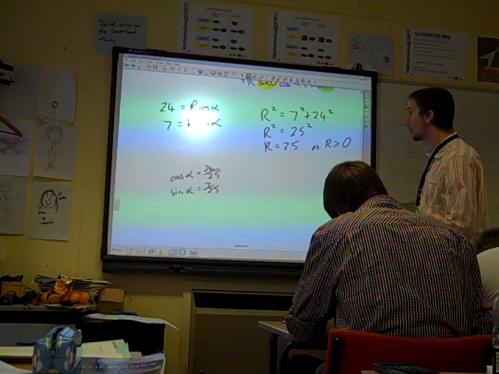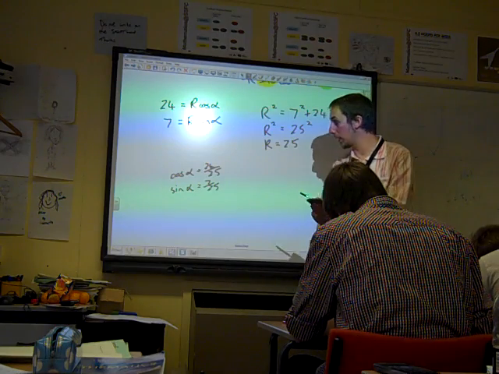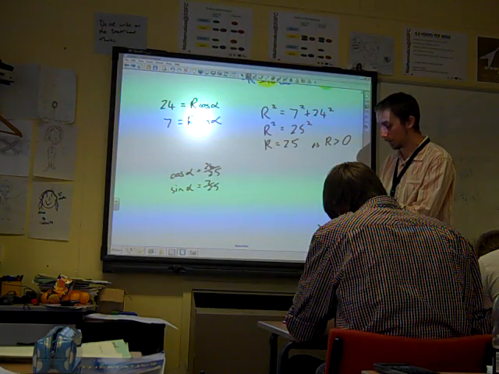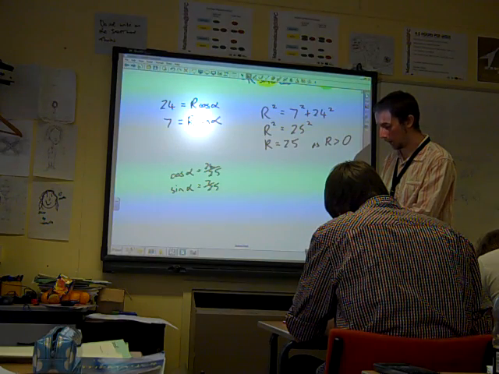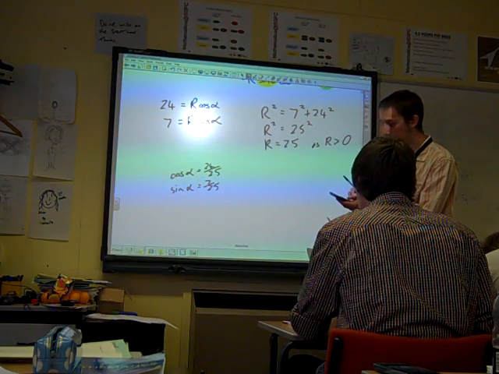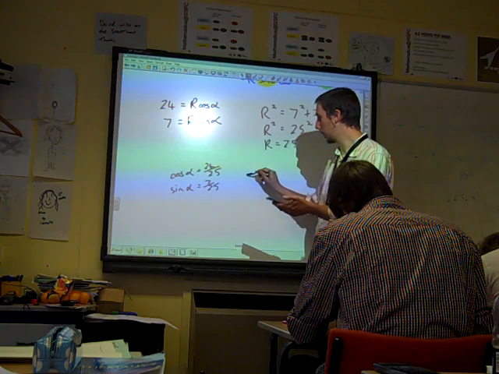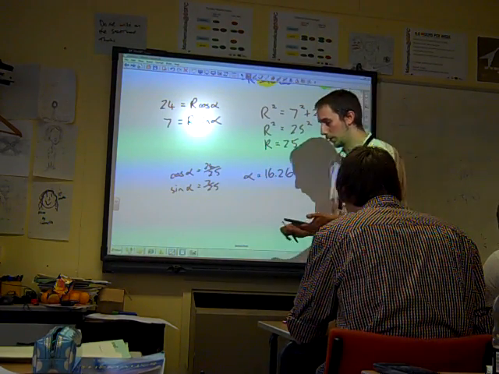We do it in degrees, because the question has said alpha is between 0 and 90 degrees. So inverse cos I'm going to do on 24 over 25, and it gives me 16.26 degrees.